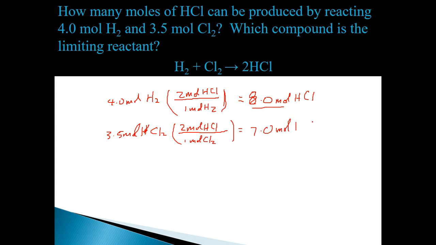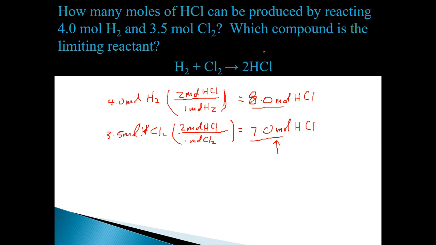Those are the amounts of HCl you expect to get based on the moles of each of these. And between these two, this value is lower, right? So therefore the answer is that this would be the moles of HCl you'd expect to get.